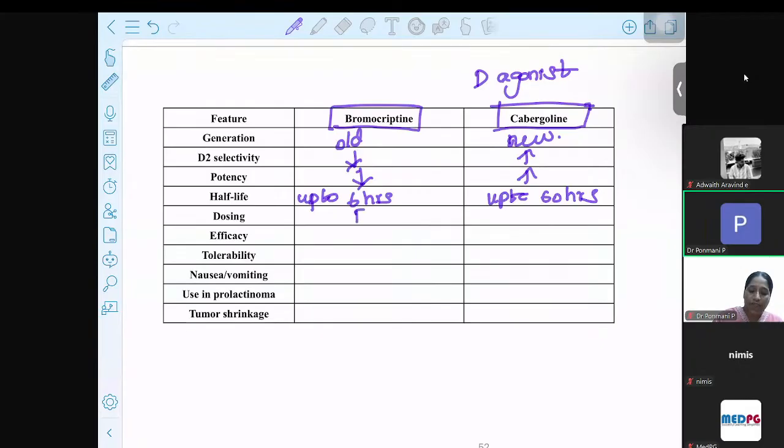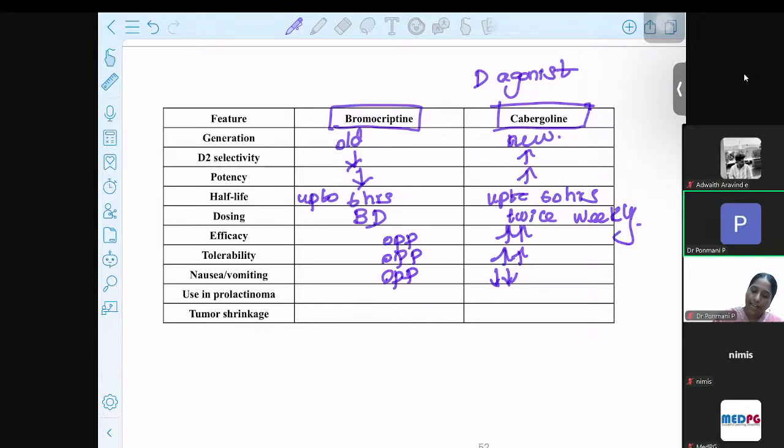This has to be given BD, whereas cabergoline can be given twice weekly. Okay. And hence also, efficacy is more for cabergoline, tolerability is more for cabergoline, nausea is less. It is just the opposite for bromocriptine.